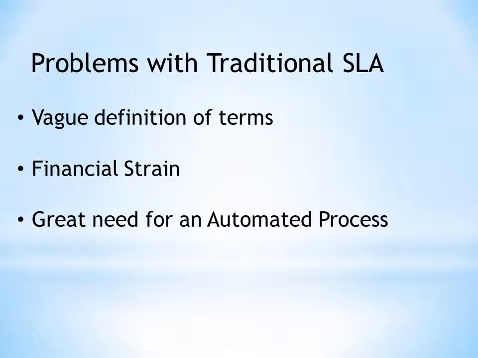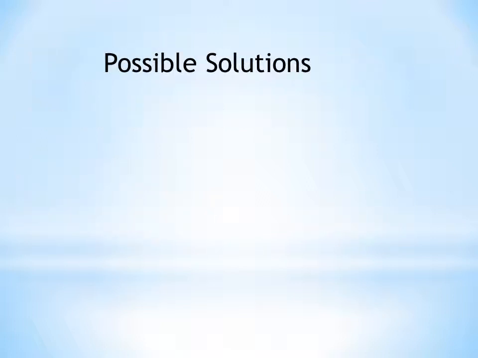So overall, the huge problem with the traditional service level agreements was that there needed to be more uniformity, and there was a great need for an automated process. In today's IT environment, the definition, negotiation, deployment, monitoring, and enforcement of service level agreements had to become an automated process. So possible solutions were thought up to this.